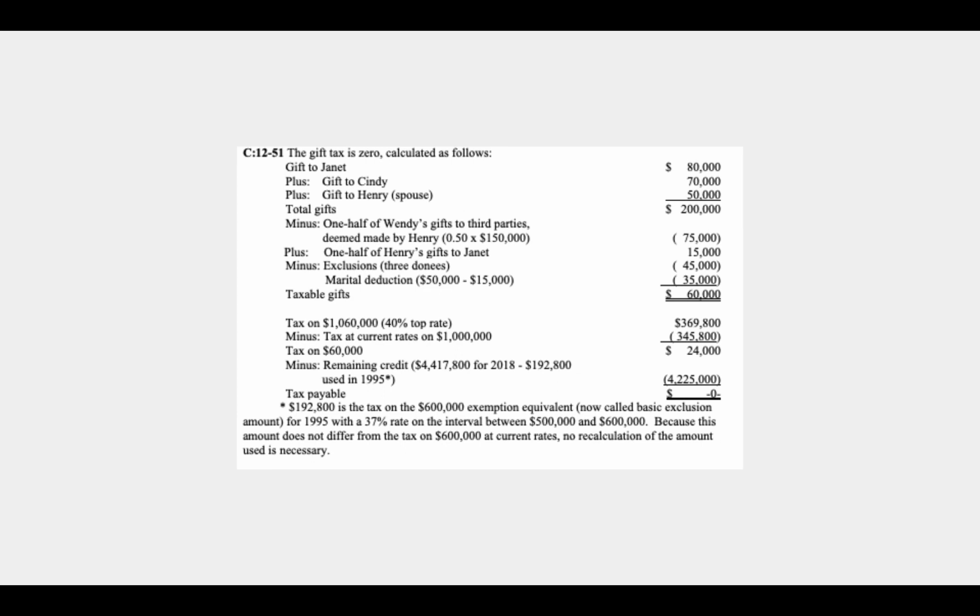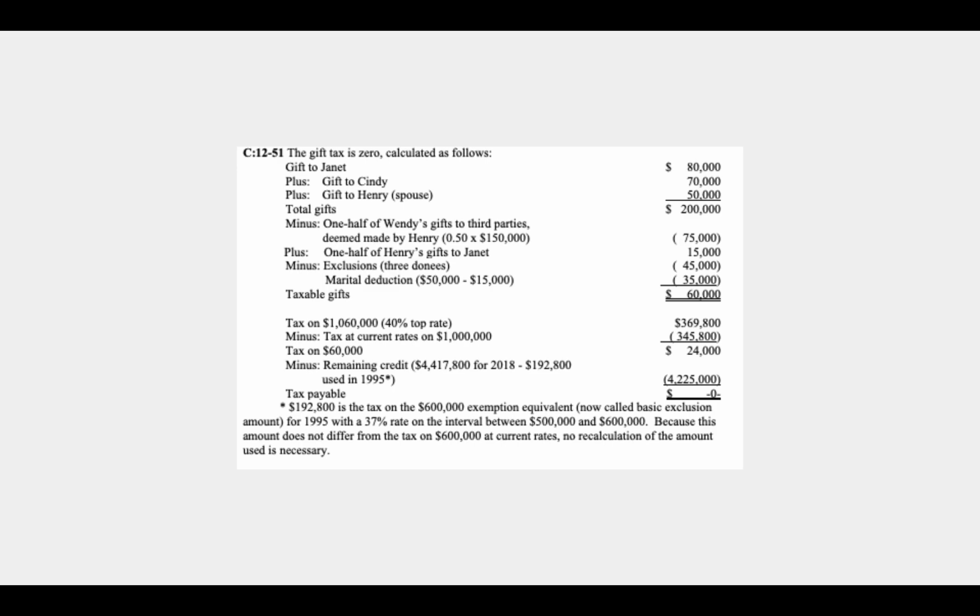All right, so first we add up Wendy's gifts. Total gift to Janet, Cindy, Henry of $200,000. Then we subtract half of those gifts because they're treated as made by Henry, gift splitting. We subtract that, except we do not include the gift to her spouse in that gift splitting. So we don't treat Henry as though he made half the gift to himself. So that's $75,000.